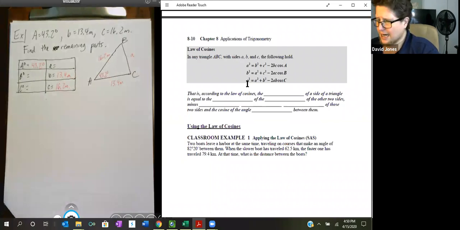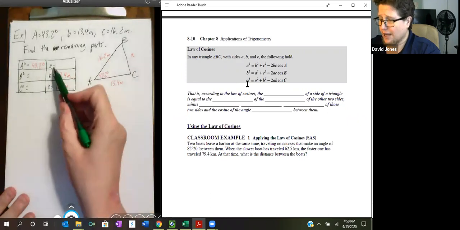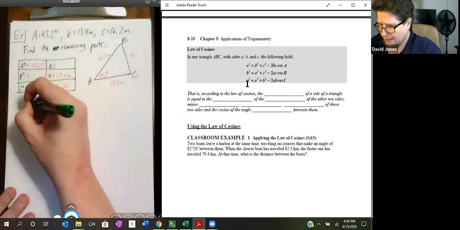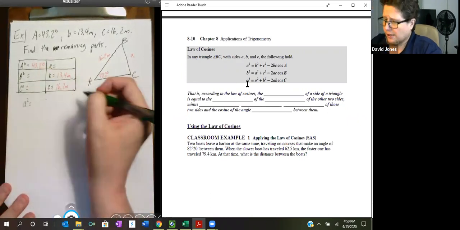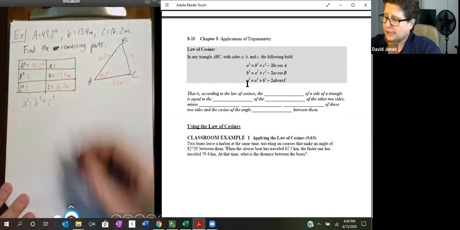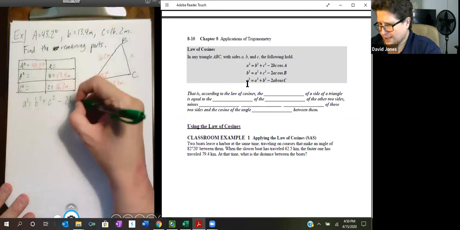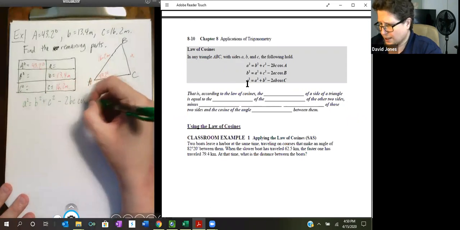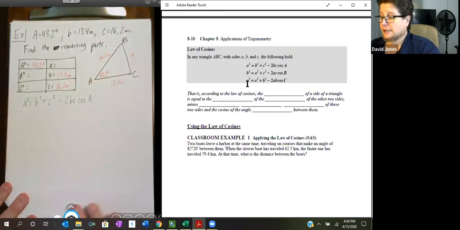This looks like I have to do the one where I'm solving for A first. So that's going to be my left side. A squared equals the sum of these two sides squared minus 2 times the sides times the cosine of the angle opposite the third side.